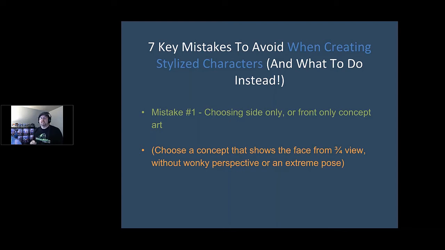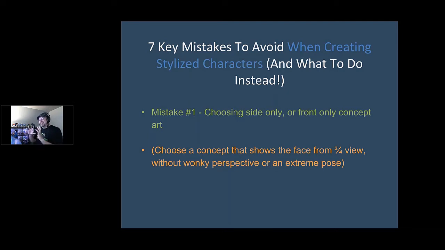A concept is a blueprint for you to design your characters from. A good example is, if you're going to build a house, what would you rather have? A blueprint to build the house from, or a nice picture of the house? The drawings are blueprints to build the characters with.